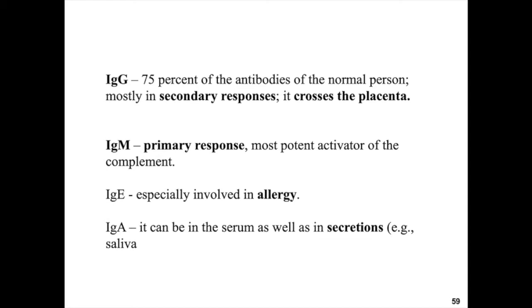IgM is very big, and the size of it matters for 2 reasons. One is that it's a potent activator of the complement. And the second aspect has to do with the fact that because it's too big, it cannot cross the placenta, which is important to understand, for example, the Rh incompatibility and the ABO incompatibility between the mother and the fetus.